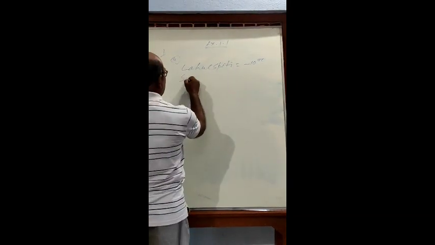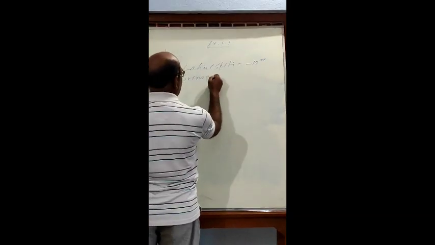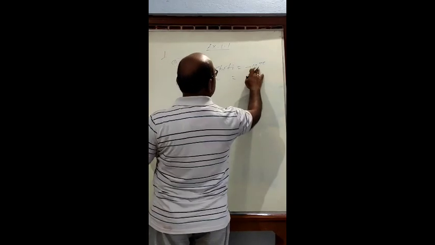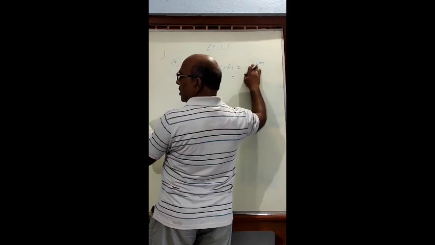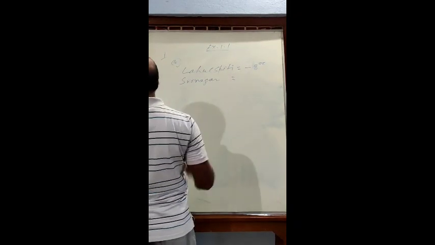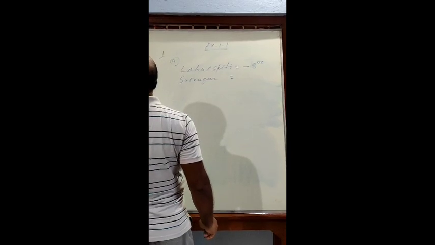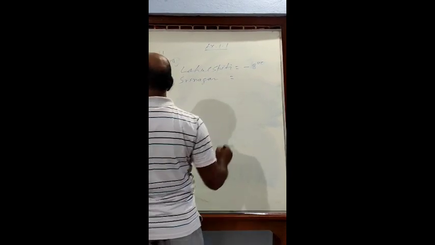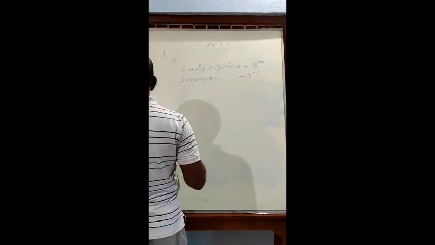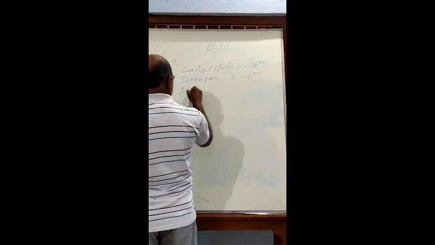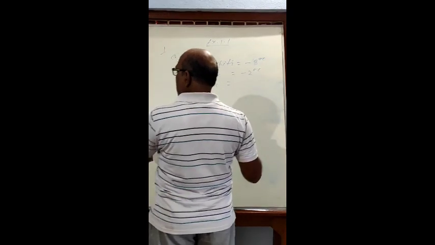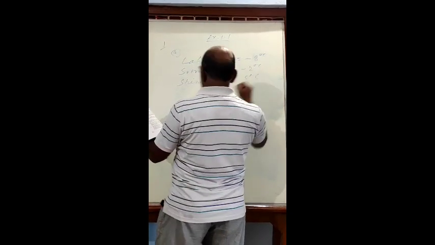The temperature of Srinagar is minus 2 degrees Celsius. The temperature of Shimla is 5 degrees Celsius.